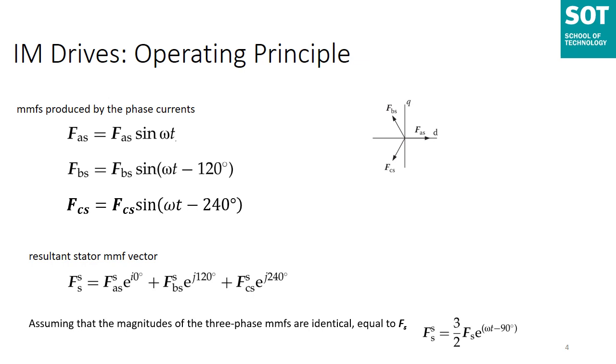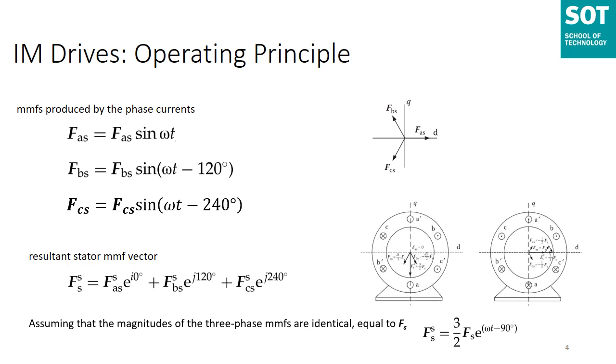And this is the vectorial representation of the three-phase MMFs produced by the phase currents. This is the position of the vectors at omega t equal to 0 degrees, and the right side cross section represents omega t equal to 90 degrees.